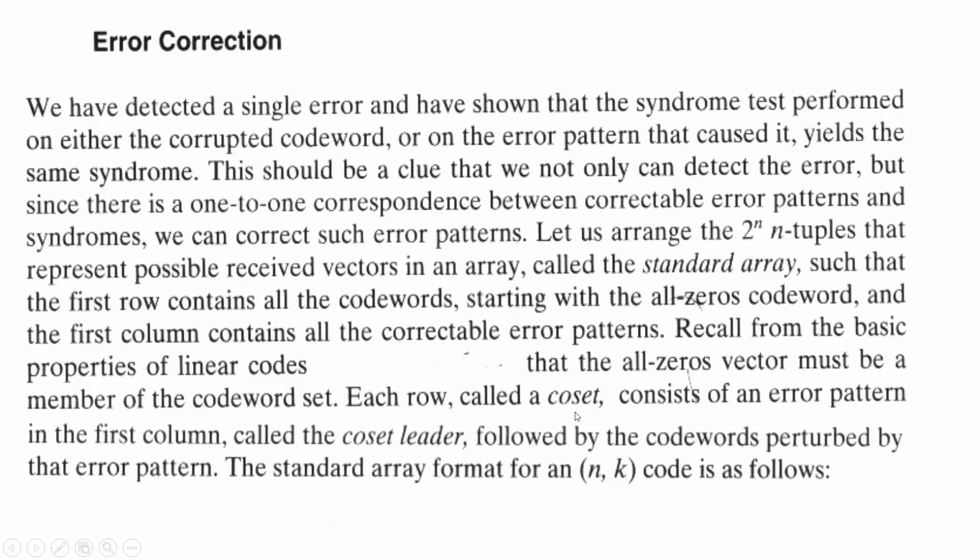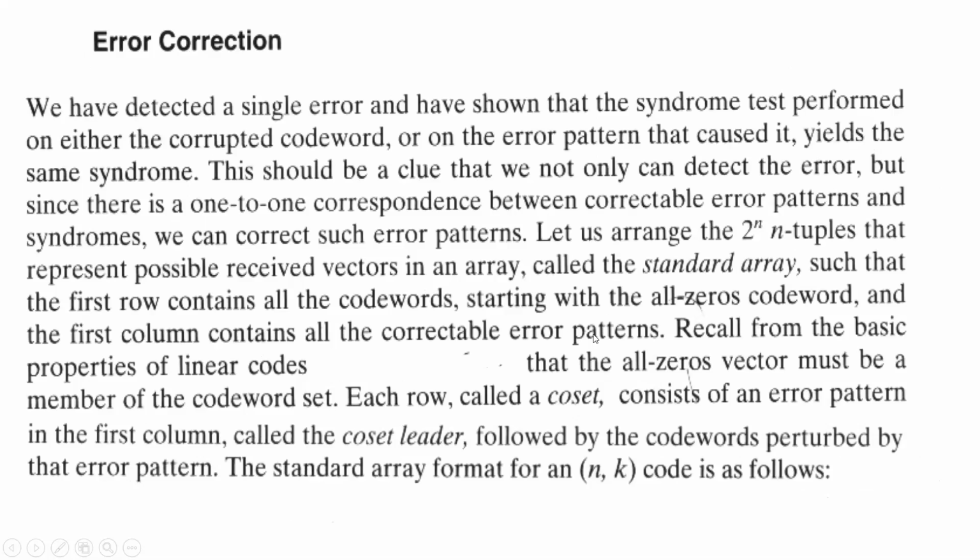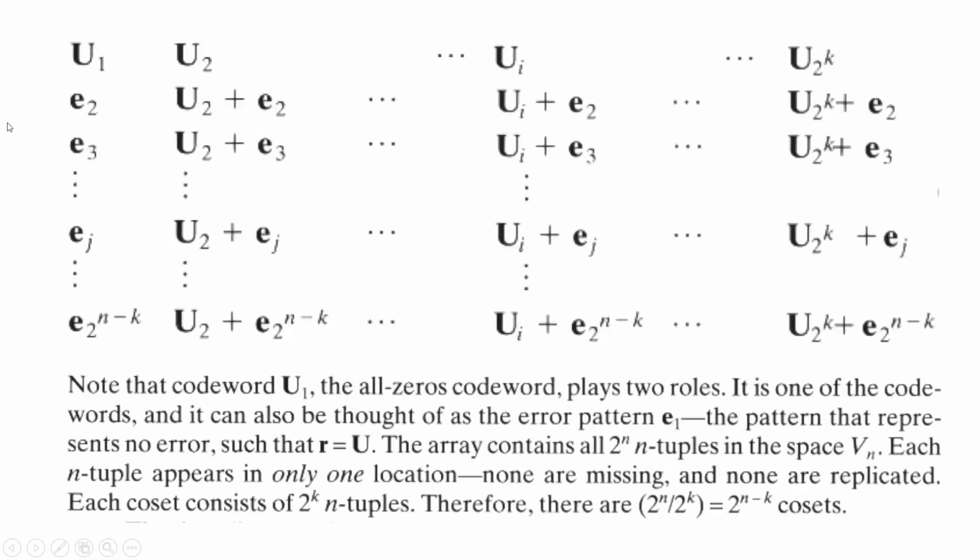Each row in the standard array will be called a coset, right? It consists of an error pattern in the first column. The first column will contain the error pattern because U1 is an all zeros code word, which is equal to the error pattern also. That error pattern means there is no error.